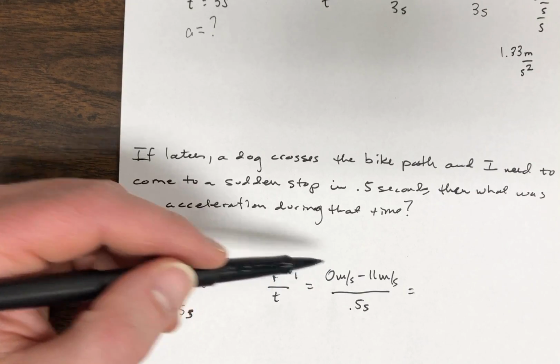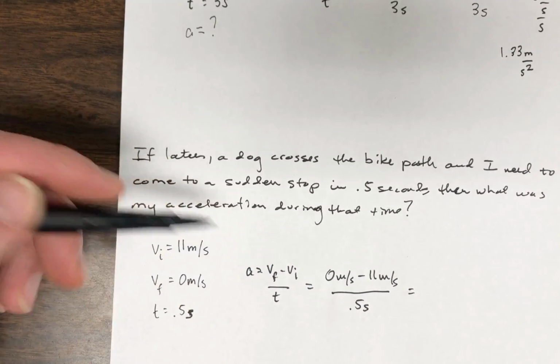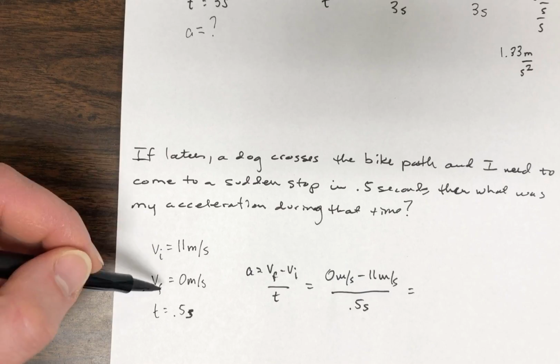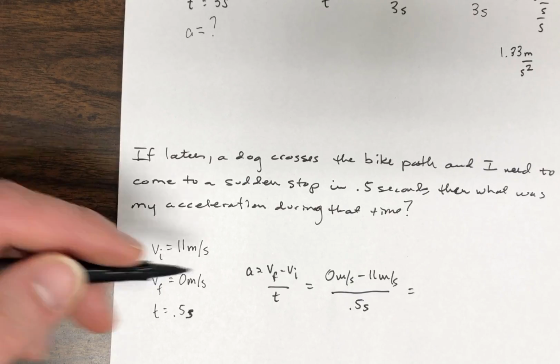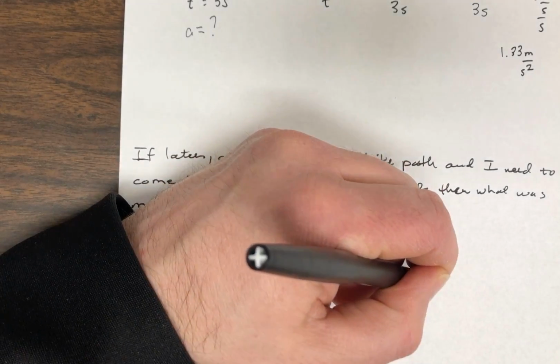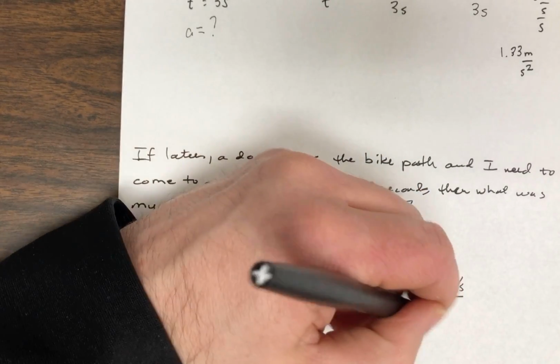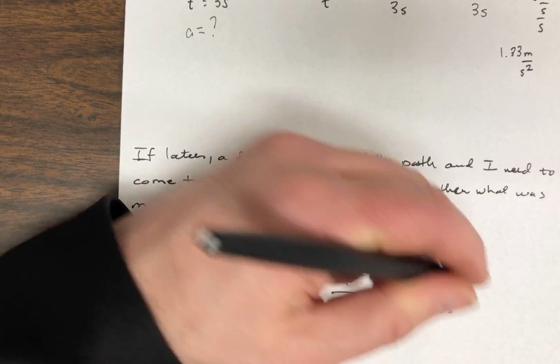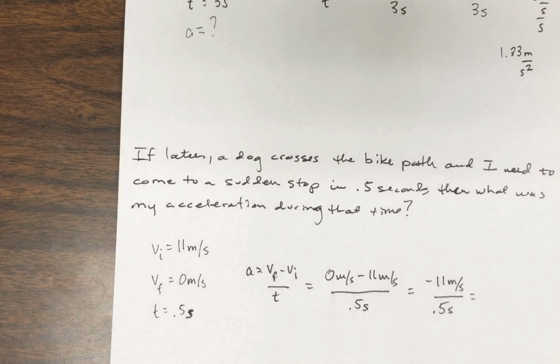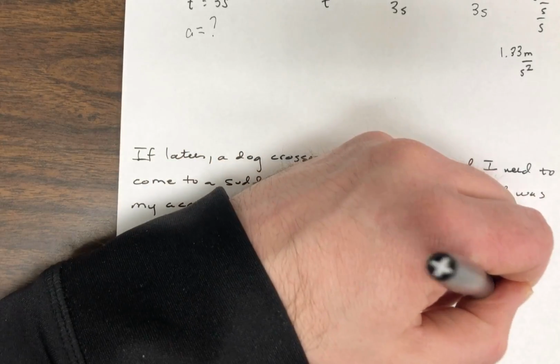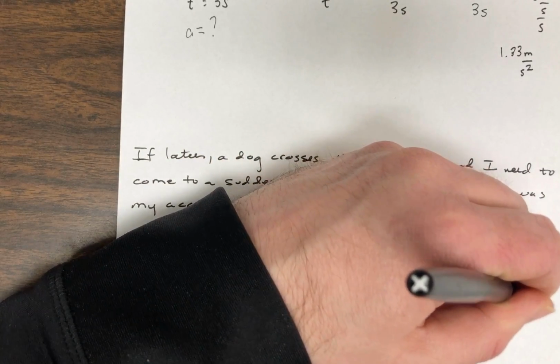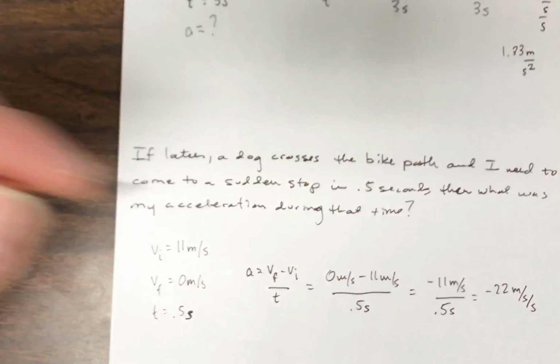However, again, it doesn't say subtract small from big, it says VF minus VI. So we have to do it that way. So 0 minus 11 is negative 11 meters per second over 0.5 seconds. And negative 11 divided by 0.5 is negative 22 meters per second per second.